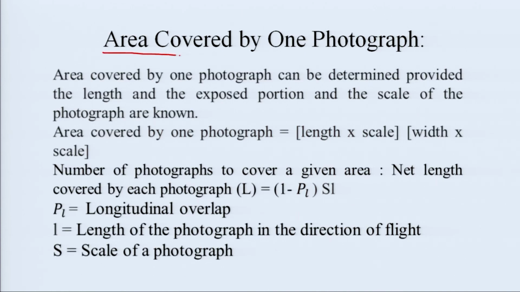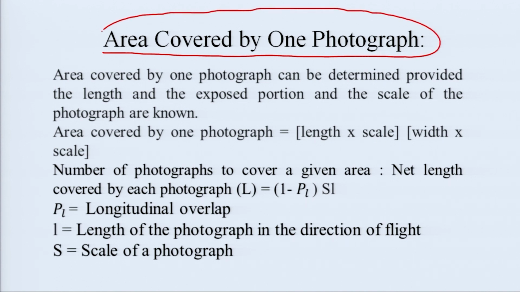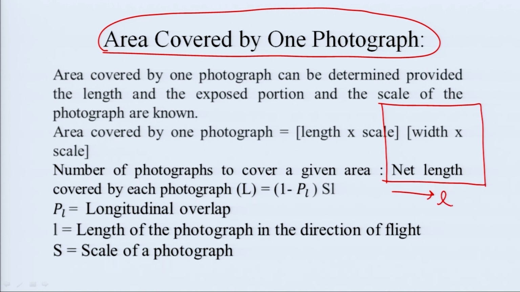Now, talking about the area covered by one photograph, we take an example. If this is the length and this is the width B of an area to be surveyed or covered by photographs, we first have to take the flight with longitudinal overlapping, and again in the direction of width with a side overlapping of about 30%.